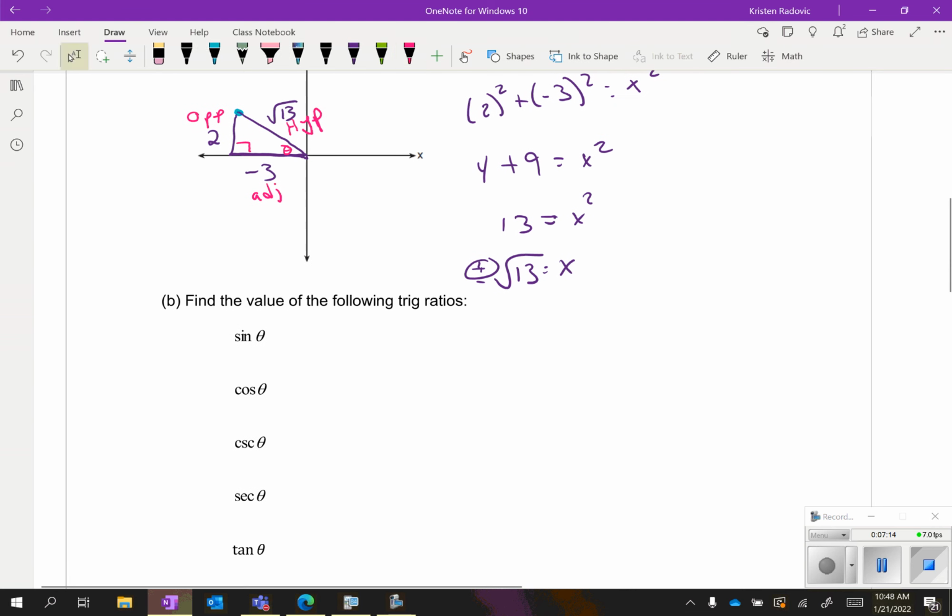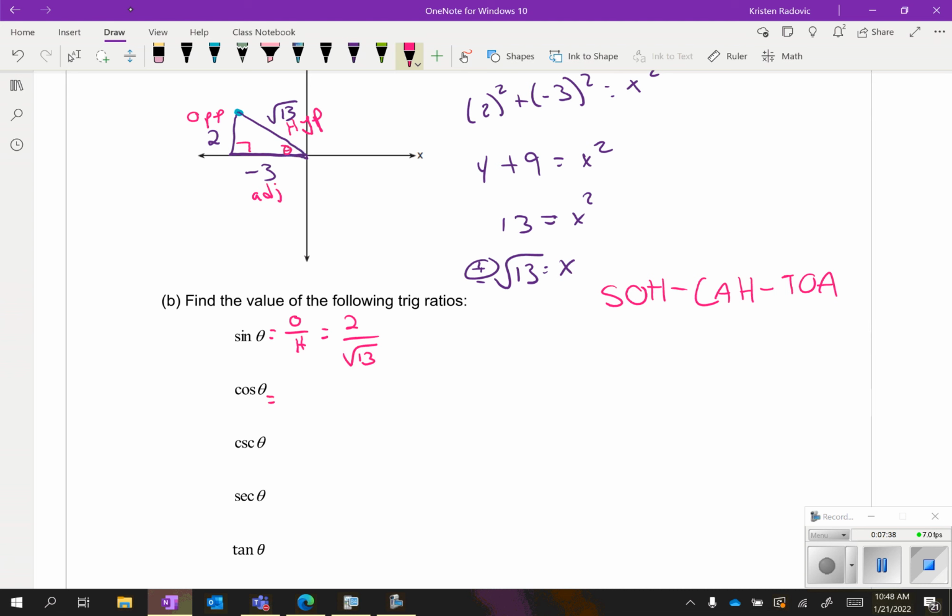And when we find these values, we're going to keep SOHCAHTOA in mind. Now they're asking for sine. From SOHCAHTOA, sine is opposite over hypotenuse. The opposite is 2. The hypotenuse is radical 13.